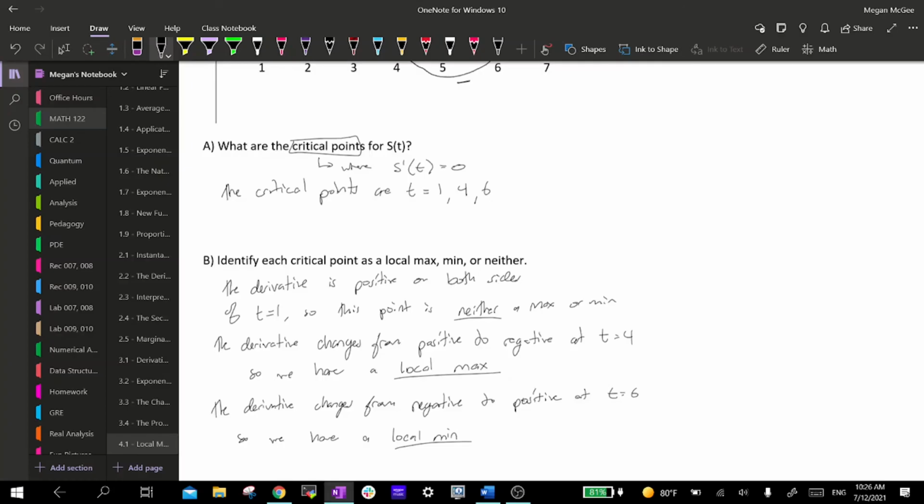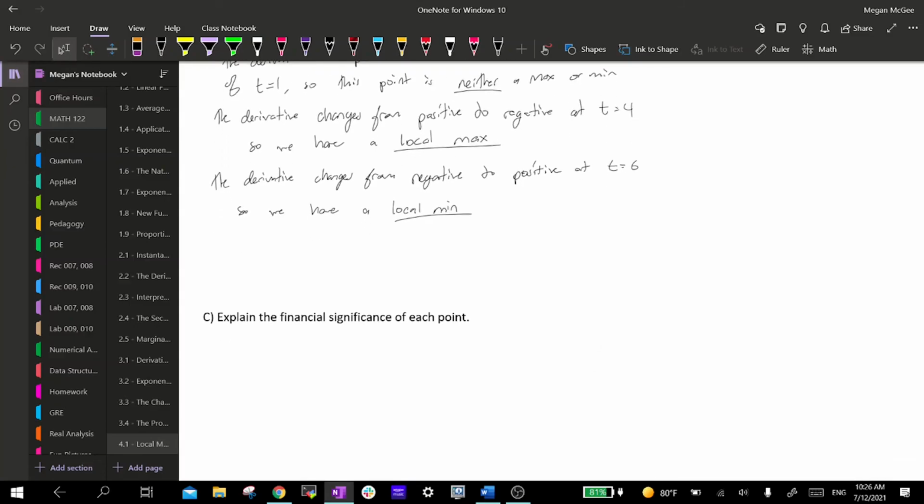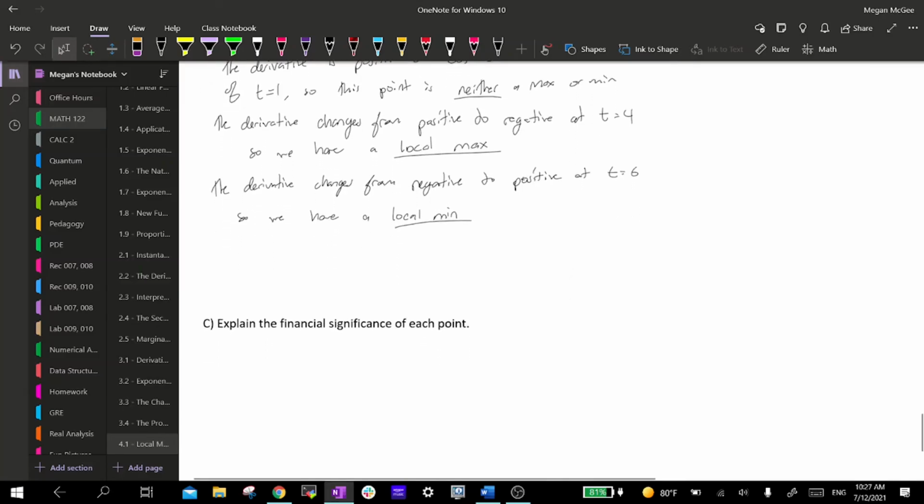Okay. Lastly, we are to explain the financial significance of each point. All right. So, at t is equal to 1, we have neither a max or min, but the derivative was equal to 0. It's one of those cases where our function levels off for a bit, but it doesn't change direction, if you will.